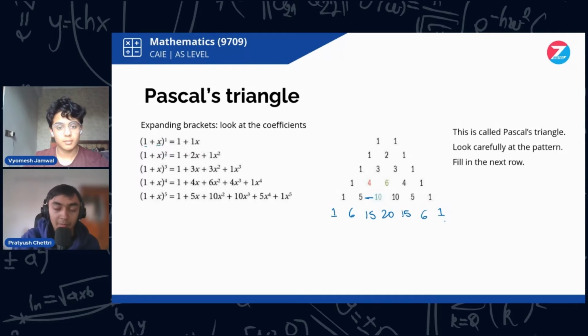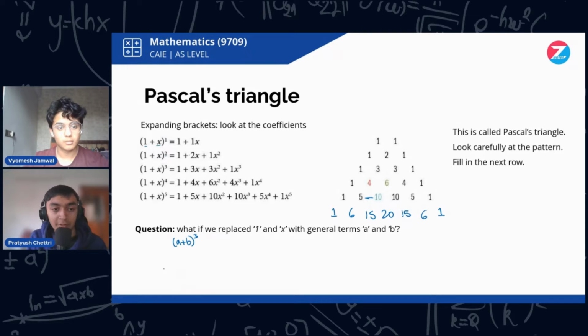You can learn more about Pascal's triangle in a second, but for now, let's just think about what happens in an expansion if instead of 1 and x, we had a plus b to the power 3, let's say.